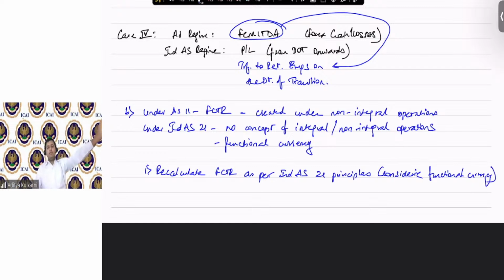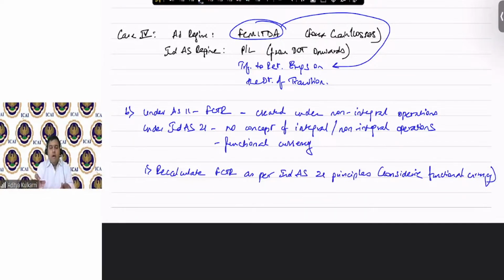For integral operations, you would have taken some other exchange rates, all at closing rates, equity at, reserves at some other rates, you used to convert like this. Whereas for the non-integral operations, you would follow different rules of conversion.